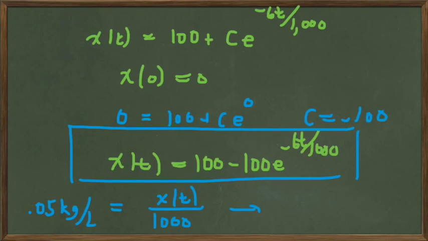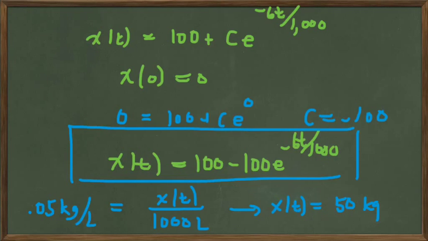So if we solve that for x of t, we see that x of t equals 50 kilograms, right? If we cancel out the units.